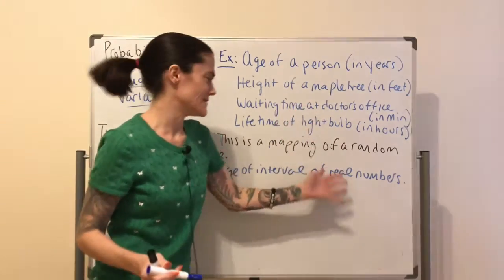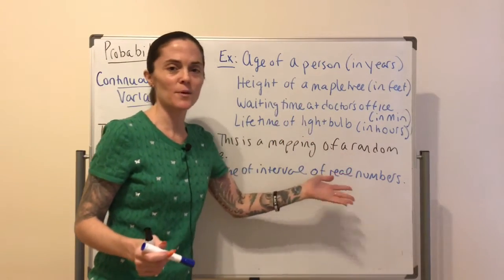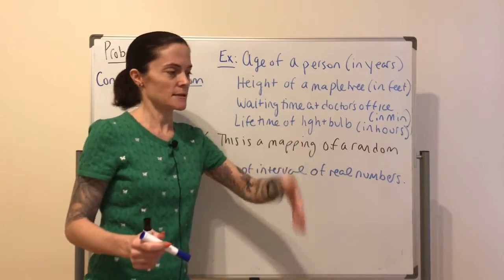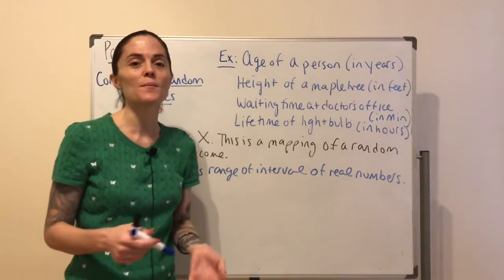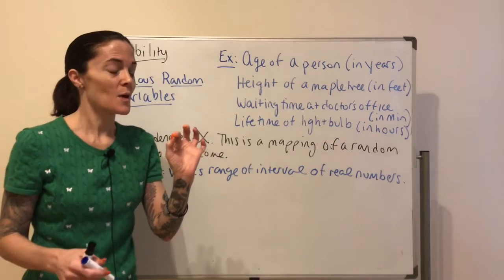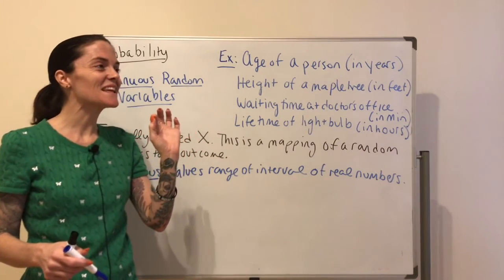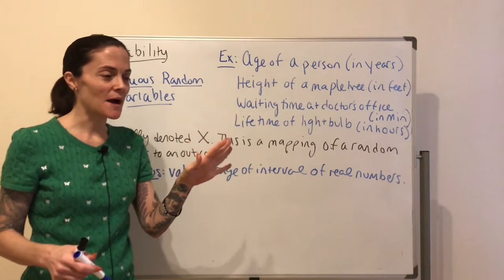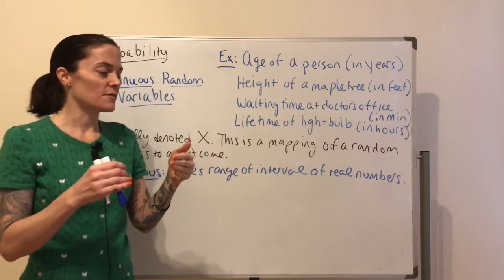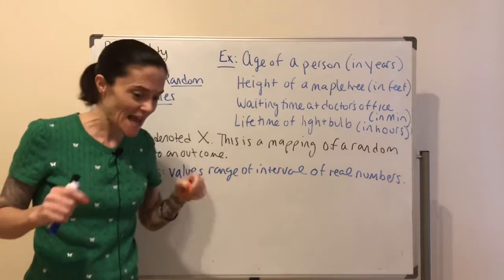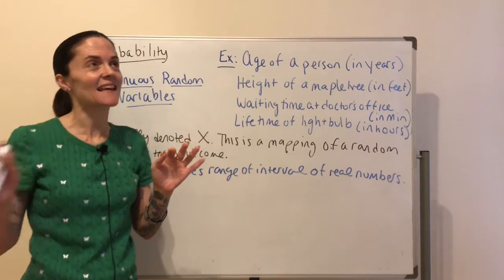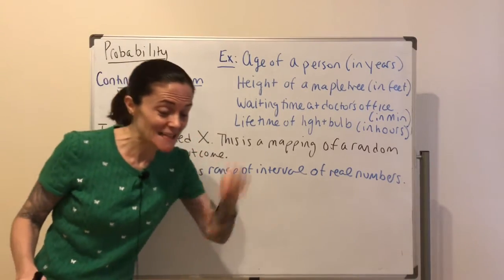Okay, so this is what the continuous part means, and you might think that, well, the age of a person in years is not in an interval of real numbers. It's only, say, 0, 1, 2, 3, etc. But really, it is in an interval of real numbers. I am 40, but not for long, because in a couple of weeks I turn 41. But even if today was my birthday and I was 40 today, I wouldn't be 40 exactly, because I wasn't born at exactly this moment, right?